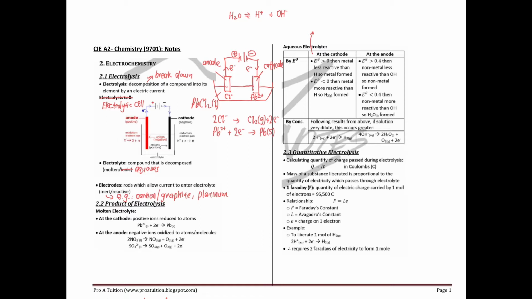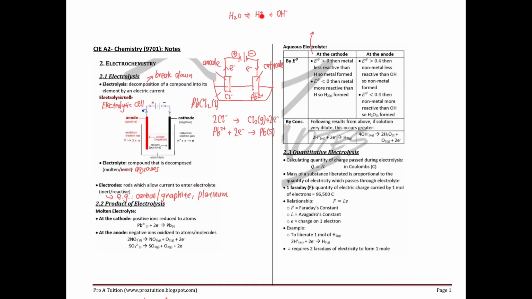So there are two cations that go to the cathode now. One is from the compound inside the electrolyte. The other one is the cation from the water. So that's why we need to know the equations for the H plus.